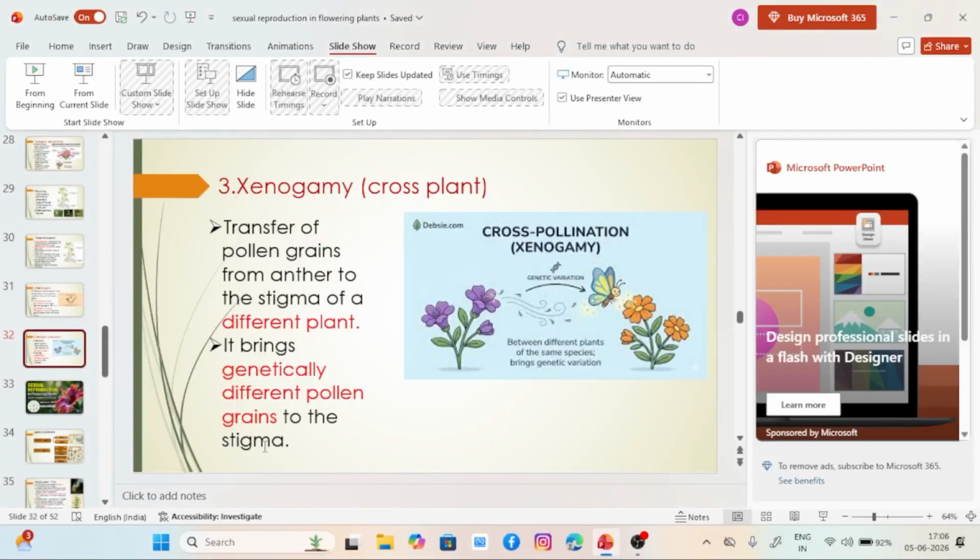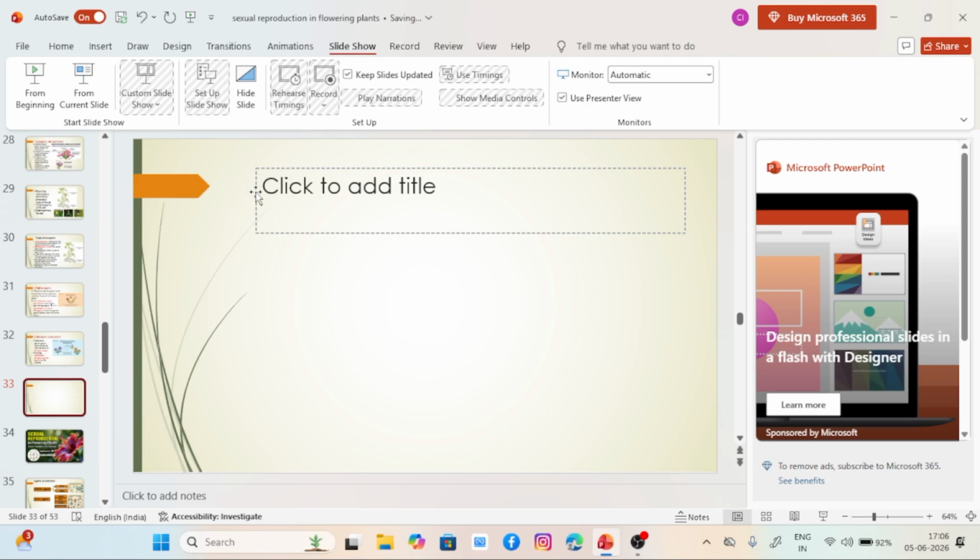Let me take one more slide so that I can explain firmly. Let me explain pollination in short. We have three types of pollination, right? First one is autogamy.